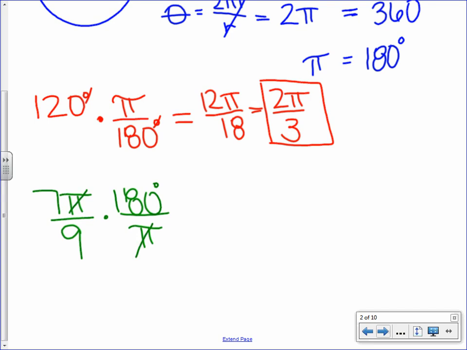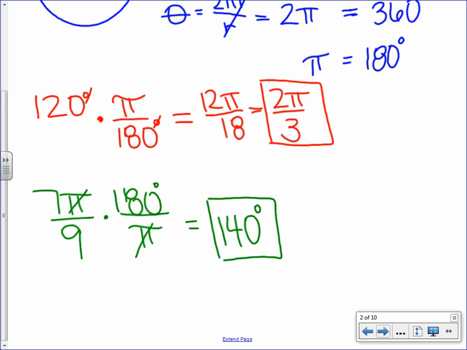Conveniently, our pi's cancel out, and we are left with 140, because we have that 0 here. 140 degrees. Just a conversion problem. As long as you can remember that pi radians is the same as 180 degrees, which you'll remember by the end of this, you can convert.